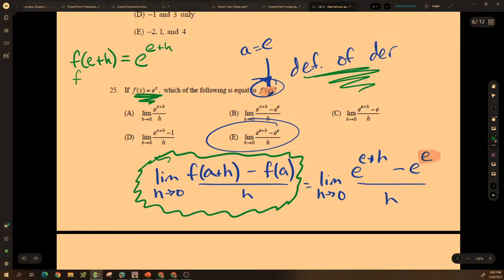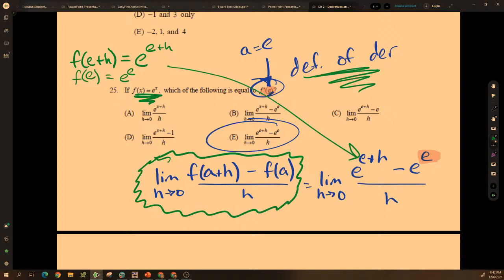Then f of e, because we want f of a, would be e to the power of e, anywhere I see an x, I'm going to plug in e. And so this gives me the limit as h approaches 0 of e to the e plus h minus e to the e all over h, which matches with choice E.